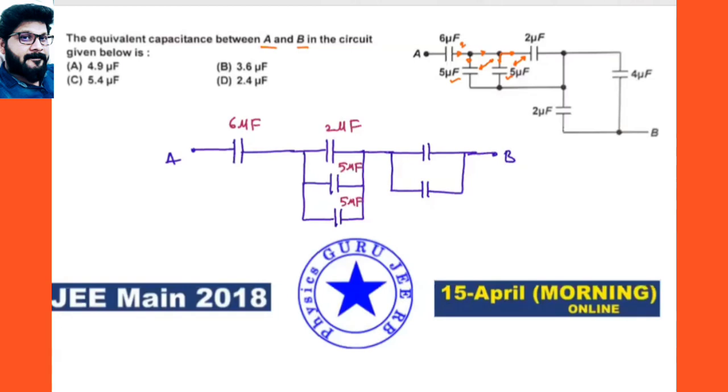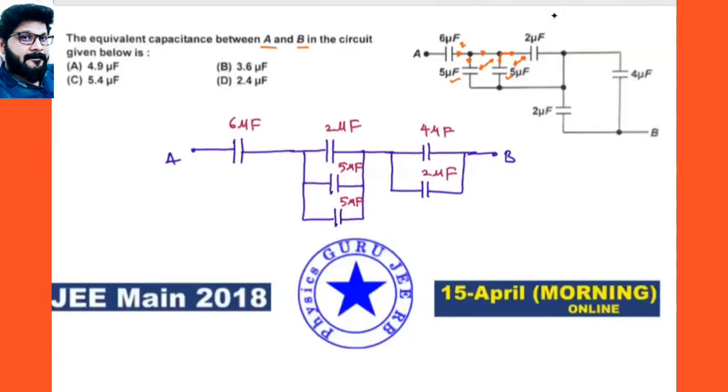Hope this is clear. Next 4 microfarads, 2 microfarads. Now you can try this one. First make the complicated circuit simplified. Identify which is series, which is parallel, and reconstruct the circuits so that it will become easy now. Come and try the problem and tell me the answer.